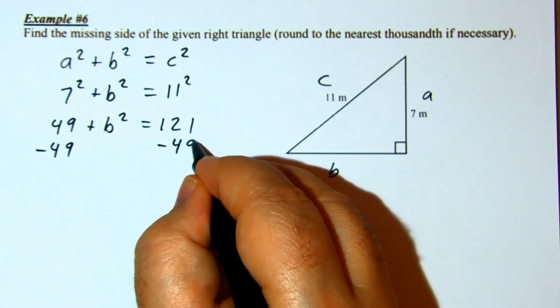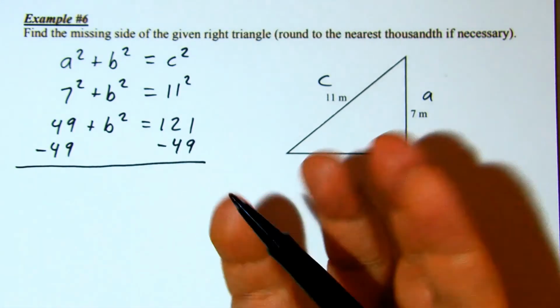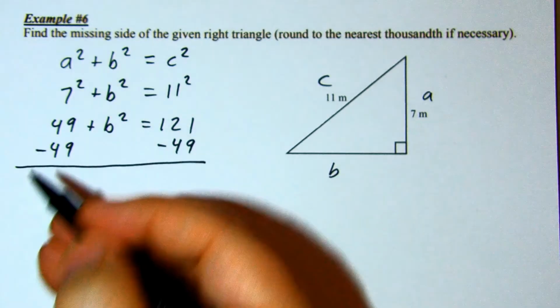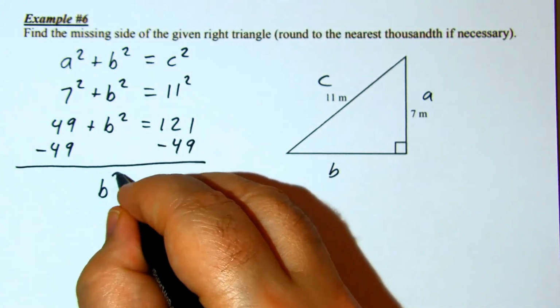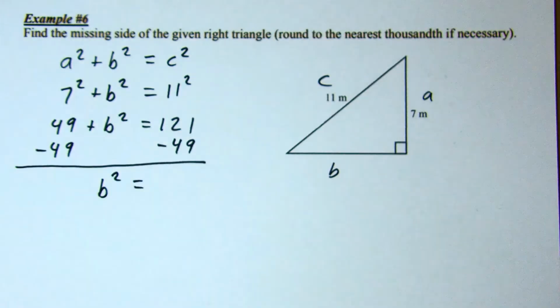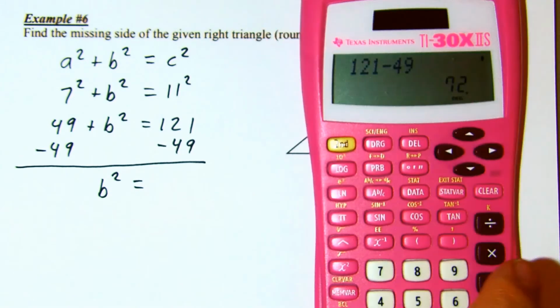Recently in the course, we've often divided both sides by a number, but that was when something was being multiplied by that value. Here we can subtract 49, they cancel, giving us b squared on the left, and on the right, 121 minus 49 is 72.